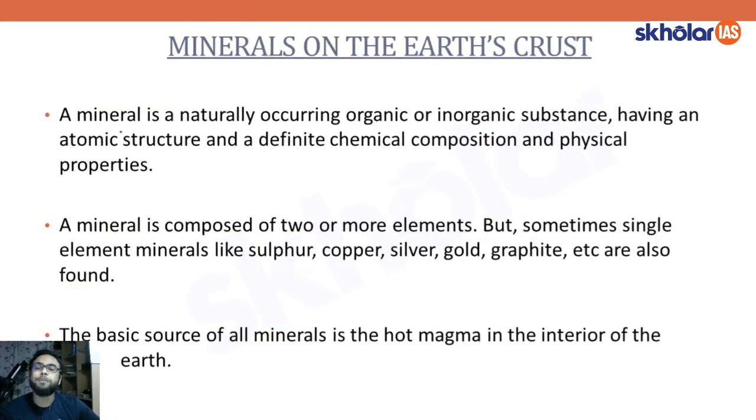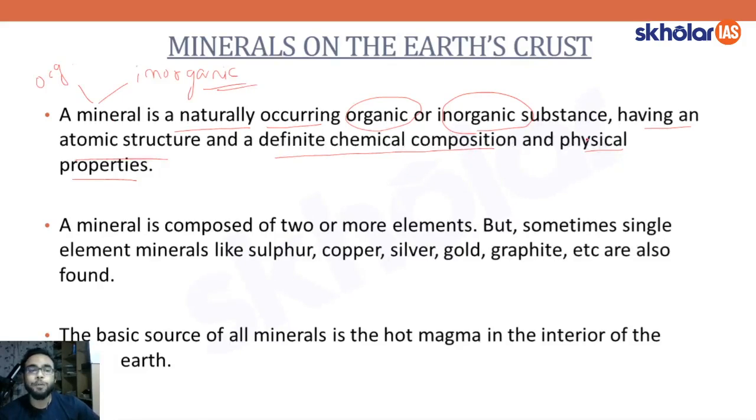Okay. So what is a mineral? A mineral is a naturally occurring organic as well as inorganic substance having an atomic structure and definite chemical composition and physical properties, right? So a mineral can be both organic as well as inorganic. Fine. So a mineral is composed of two or more elements.